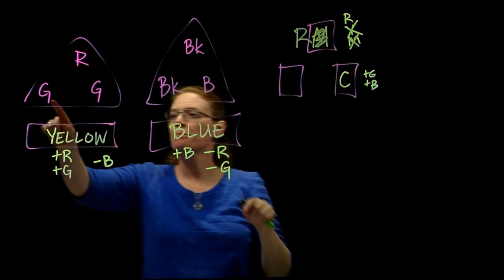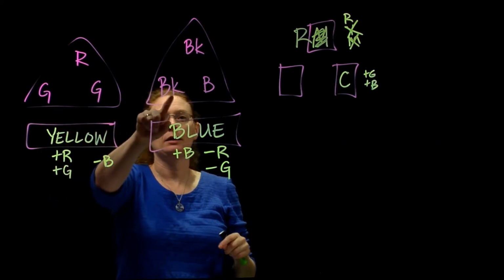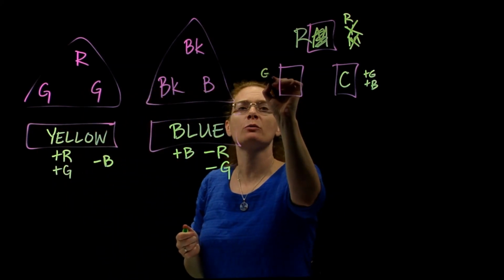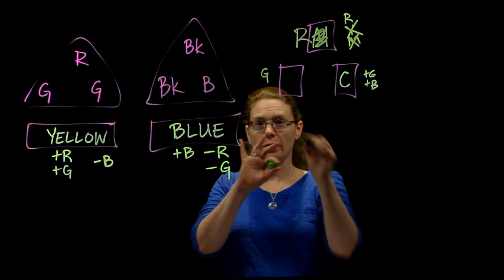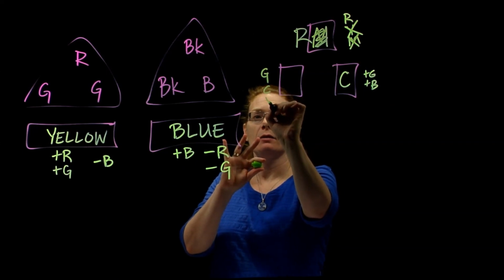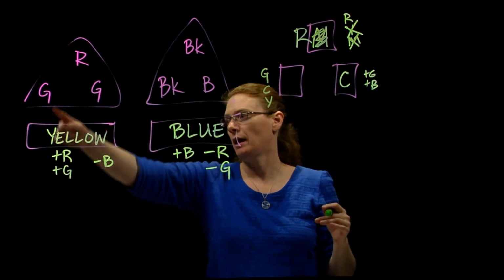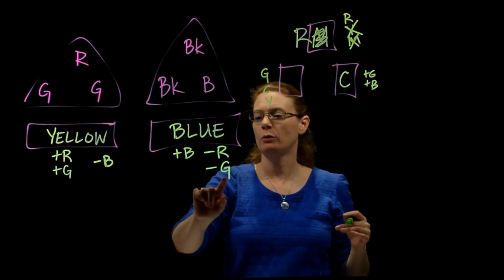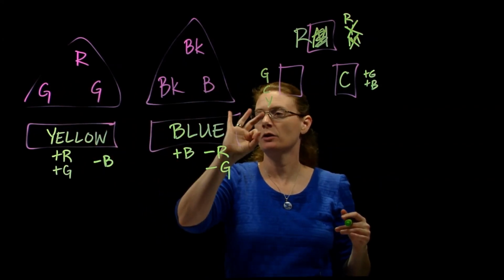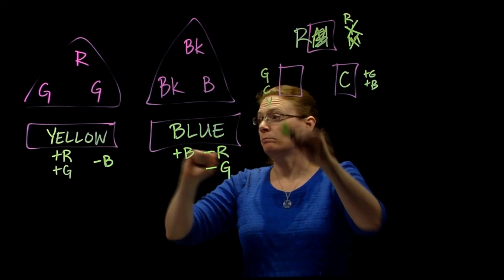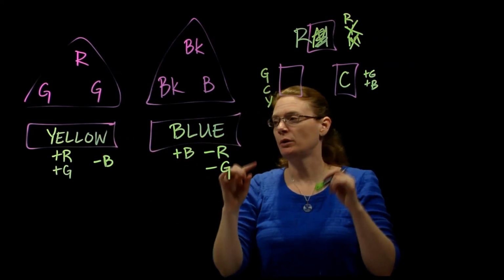We're left with just one. Okay, we know it has green in it, and that makes it look black. So it has green in it. There's three colors that have green: green, cyan, and yellow. Okay, could it be green? If it was just green, well, yeah, it would look green there, and the green would get filtered out here, so it would look black, so green's good. Could it be cyan? Well, cyan is green and blue.